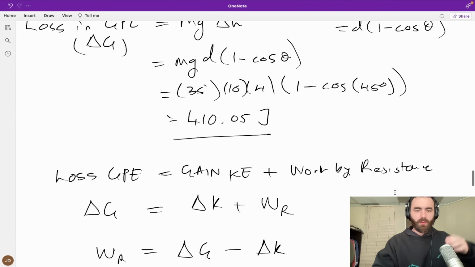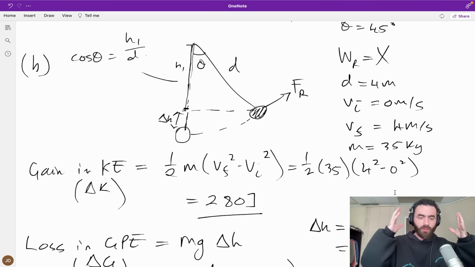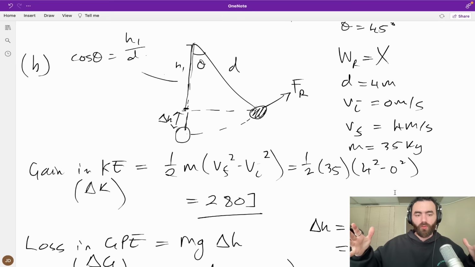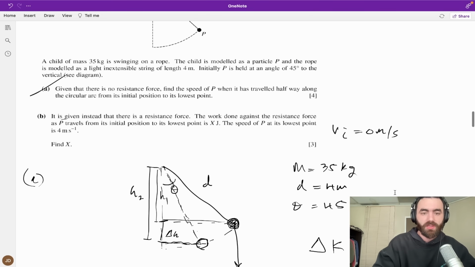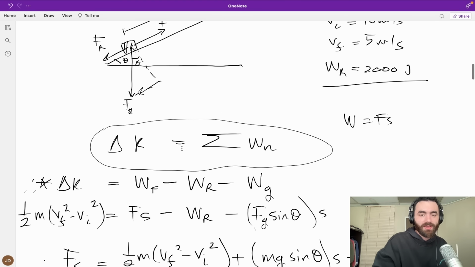I put that in deliberately because I wanted to show you how energy is transforming and how you can calculate it without using the work energy equation. But for the majority of these questions, you just need to use this work energy equation. I showed you how to understand that the work done by gravity is the change in gravitational potential energy. You should understand this equation, but basically if you use it for all of these questions, you're going to get the answer.